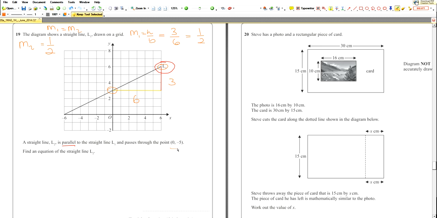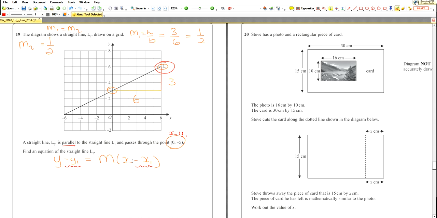Now, we know that L2 passes through this point, so we use the equation y minus y1 equals m times x minus x1. Y1 and x1 are the coordinates given in the question.